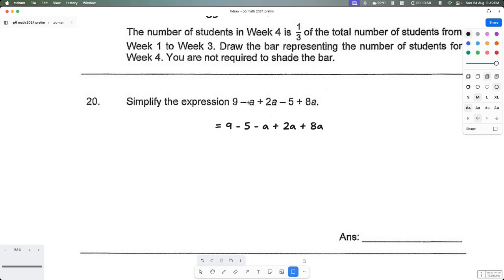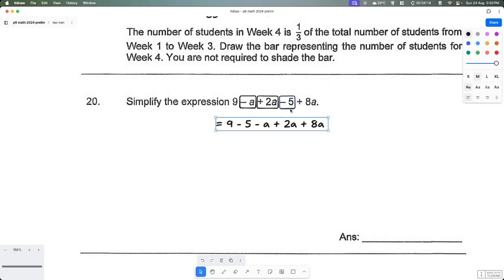You always group all of your different expressions, so it's easier for you to see what is what. So this one, then minus 5 also needs to be grouped, and plus 8a also needs to be grouped as well.